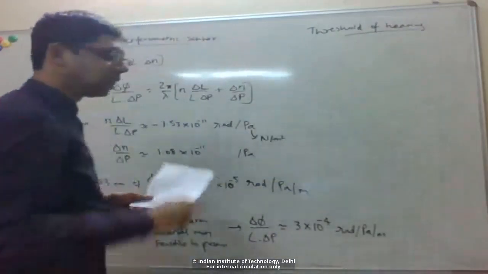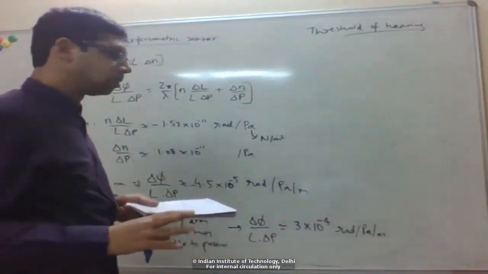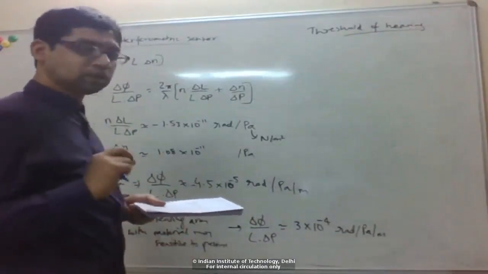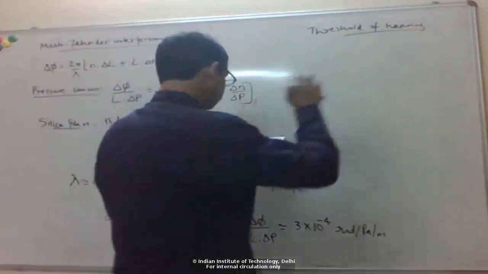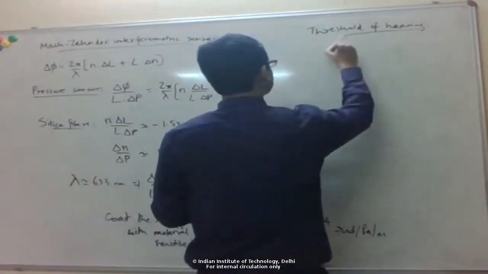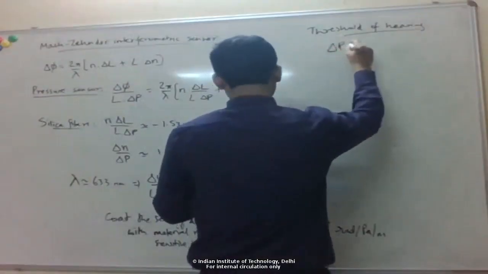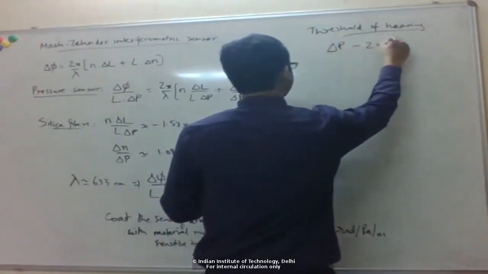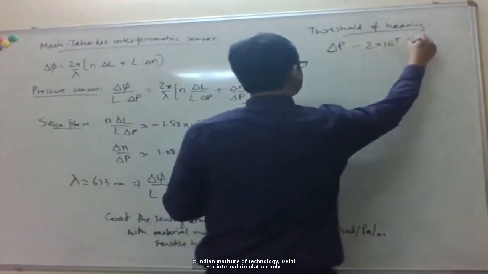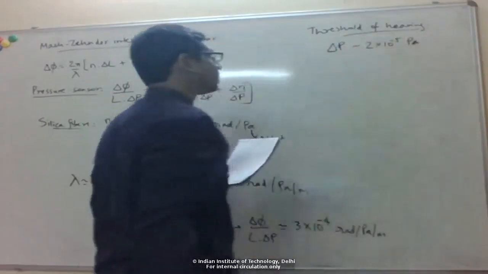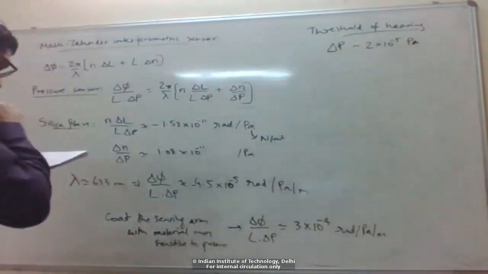Imagine you're sitting in a very, very quiet room, and any small sound you'll be able to pick up. That minimum sound that you can pick up corresponds to a pressure change of about 10 to the minus 5 Pascal, right? So it's a very small pressure change, you can see.